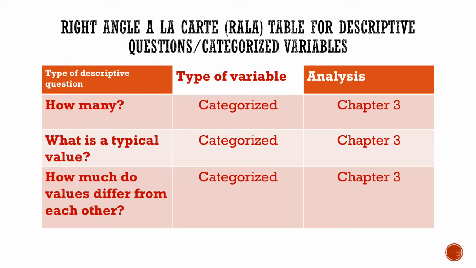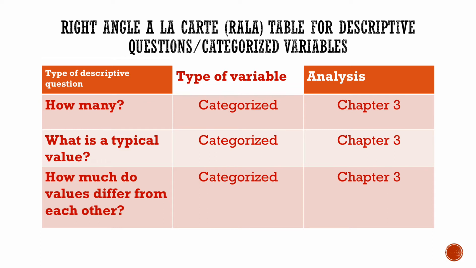The reason it is called the a la carte table is because you'll pick and choose the type of analysis that fits your research needs at any particular time. Just as you would pick and choose a particular treat off an a la carte dessert tray that fits your taste bud needs at any particular time.